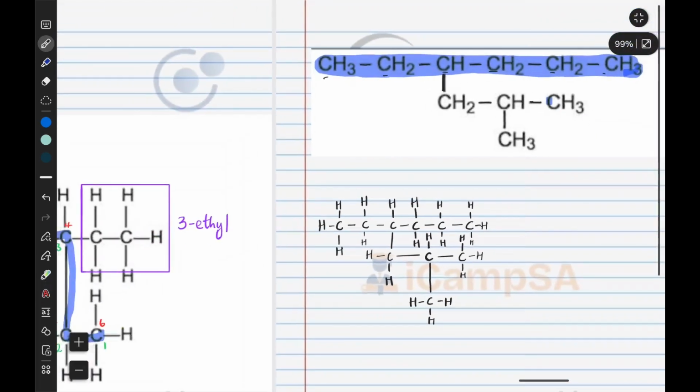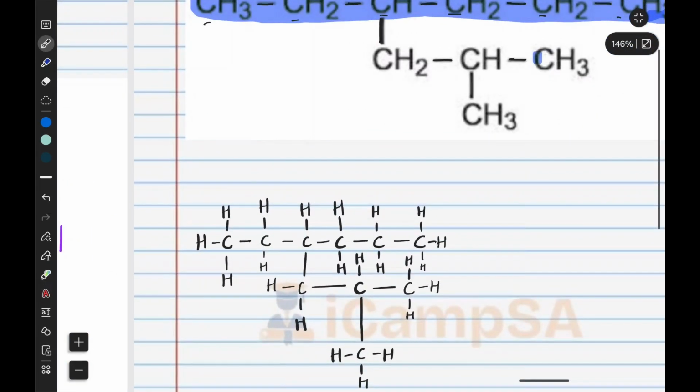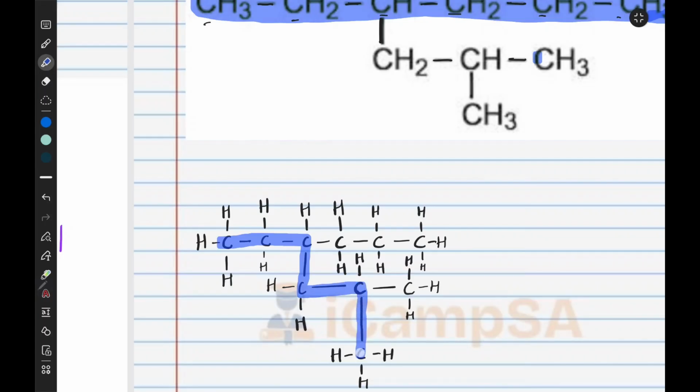So this is what it would look like. So now you can pretty much trace whatever you want. So you can do 1 2 3 4 5 6, right? Or you can do what I did, 1 2 3 4 5 6. So now you have something like that.